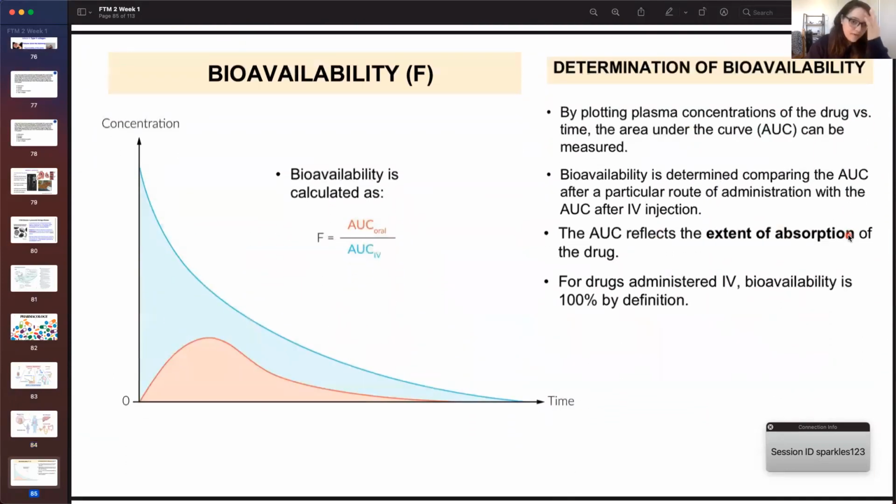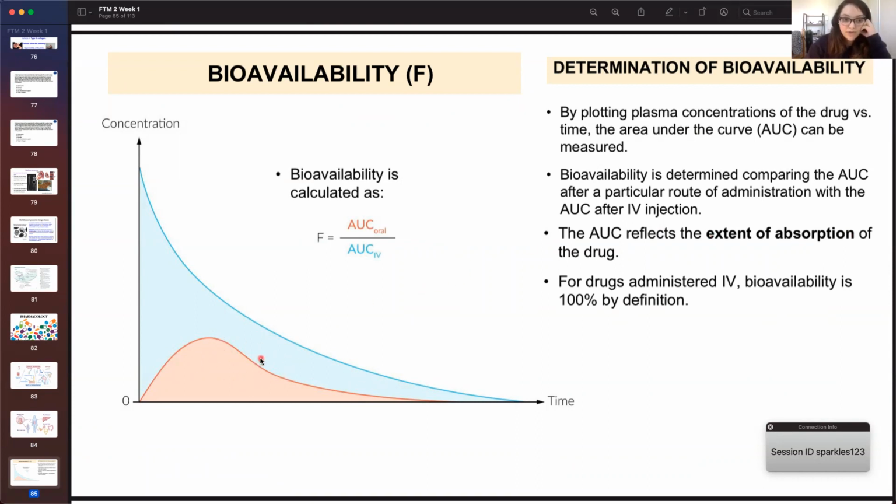Okay, bioavailability, again, depends on the route of administration, and you're pretty much trying to calculate how much of this drug that I just ingested is actually making it to my blood, so that you can figure out how much of the dosage you would need in somebody, and how much is actually being processed and used in your body and not just being excreted. With this bioavailability graph, you're looking at the area underneath the curve.